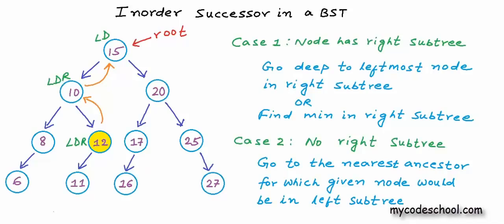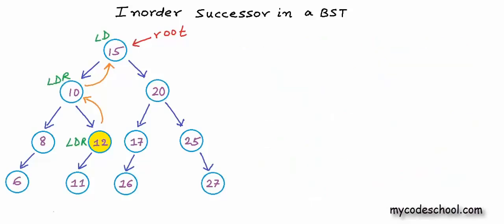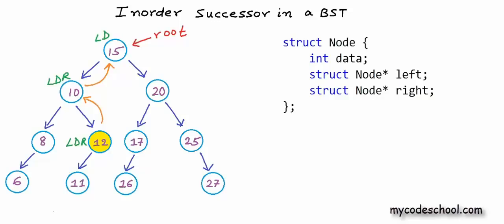This algorithm works fine, but there is an issue. How do we go from a node to its parent? Well, we can design our tree such that node can have reference to its parent. So far in most lessons we have defined node as a structure with 3 fields, something like this. This is how we would define node in C or C++.